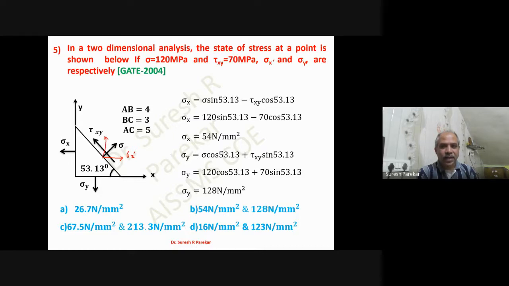So I mentioned here sigma x and sigma y, not dash. So sigma x and sigma y are along this axis.